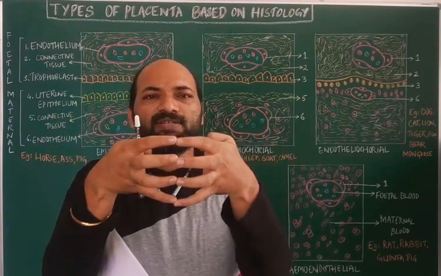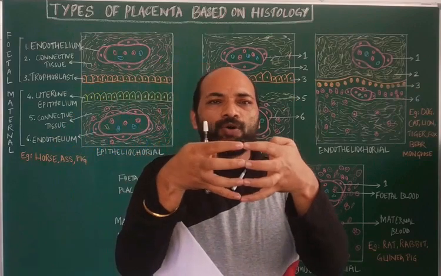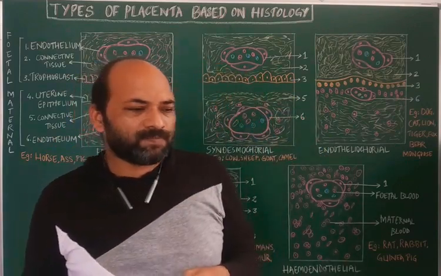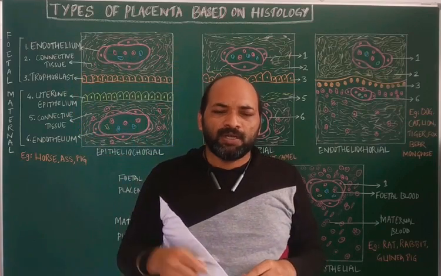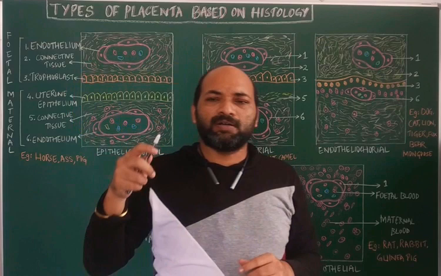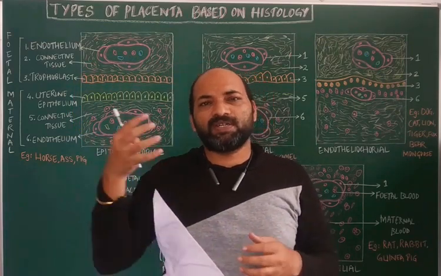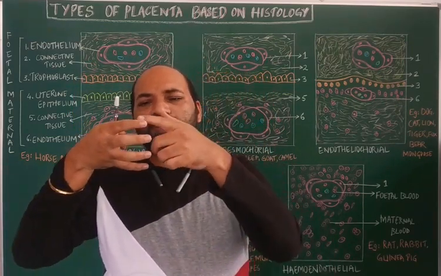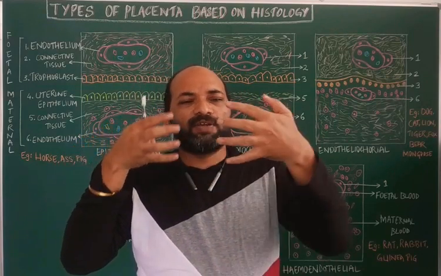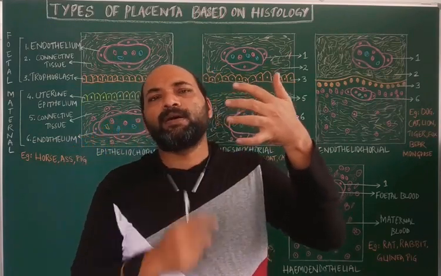When compatibility is not there, possibly there is no fusion of maternal and fetal blood vessels. The second thing is that the circulation pressure will be higher in the maternal blood vessels when compared to the fetal blood.